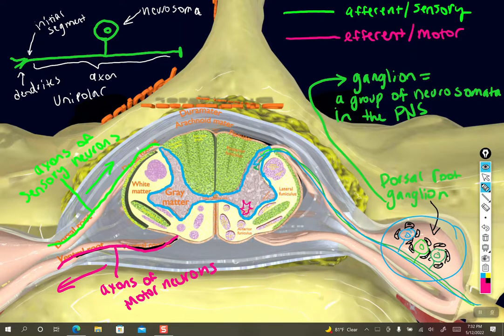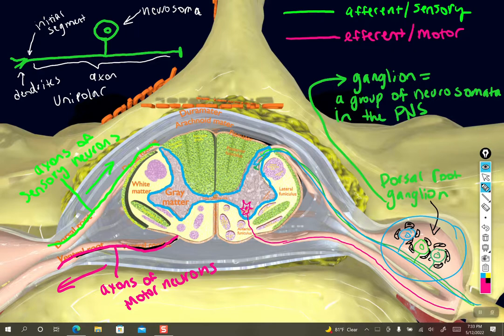So motor neurons are also mostly multipolar, so it's a different structural type as well. But the cell body lives in here, and then it projects its axon out through the ventral root. And so because the cell body is here, there isn't a ventral root ganglion because there doesn't need to be. The location of the cell body is different. So that's the reason there is a dorsal root ganglion, but not a ventral root ganglion.